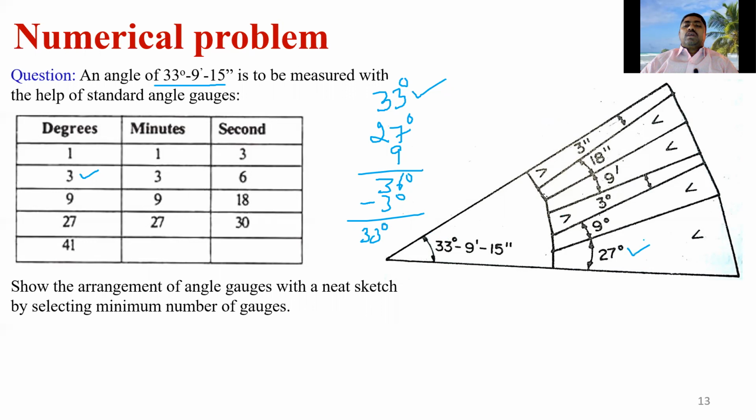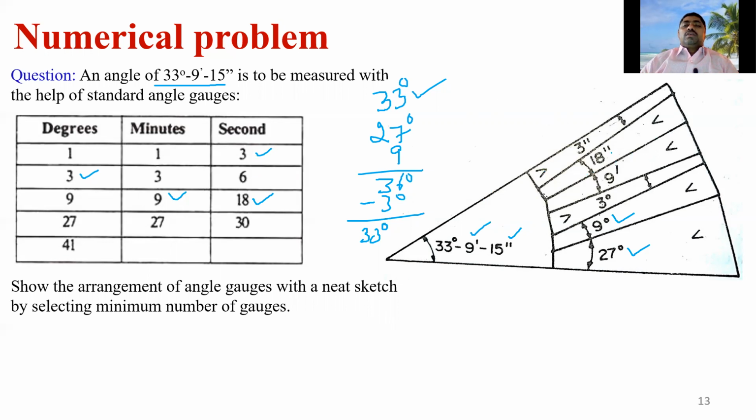So the 27 degree angle gauge and 9 degree angle gauge are set in the same direction, and the 3 degree angle gauge you set in the opposite direction to subtract 3 degrees. And then there is a 9 minutes slip gauge directly available. You can use it directly. We need a 15 seconds slip gauge, but there is no 15 seconds slip gauge. We can use an 18 seconds gauge and subtract the 3 seconds gauge.